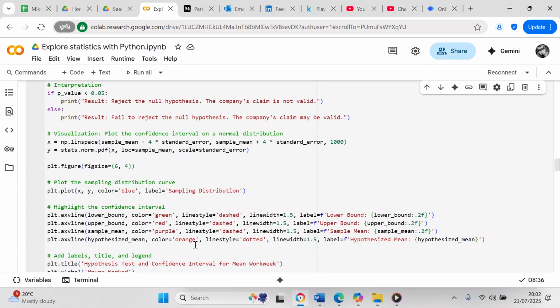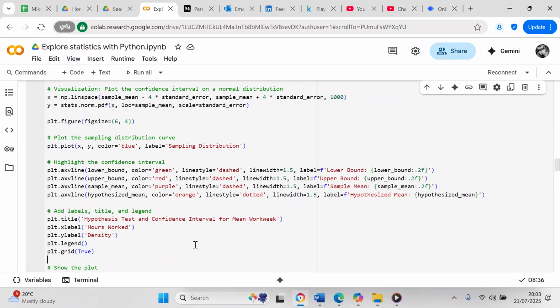And plt.axvline of hypothesized mean, comma, color equals orange, comma, linestyle equals dotted, comma, linewidth equals 1.5, comma, label equals hypothesized mean.